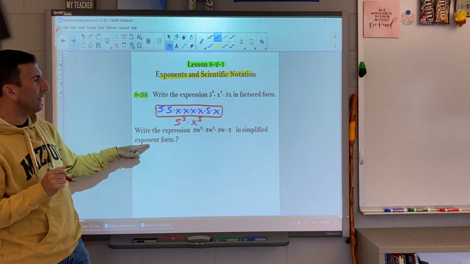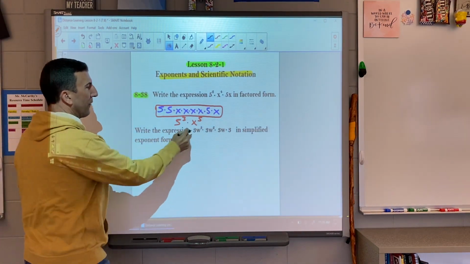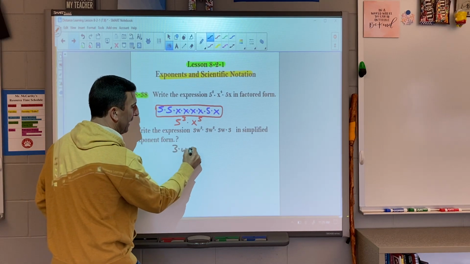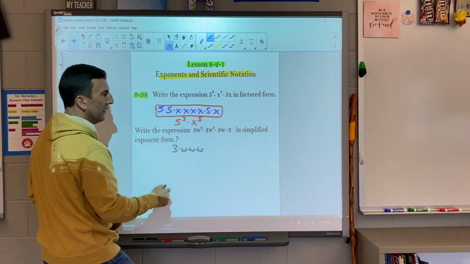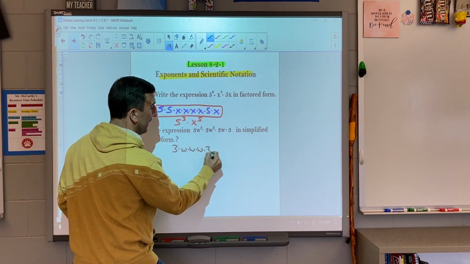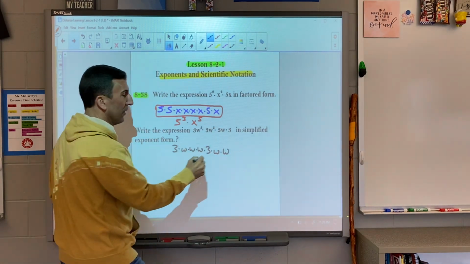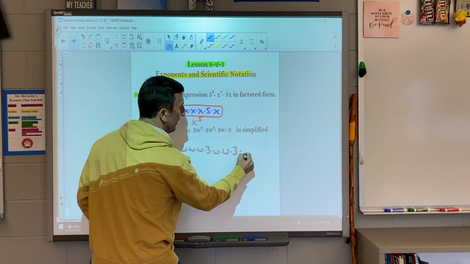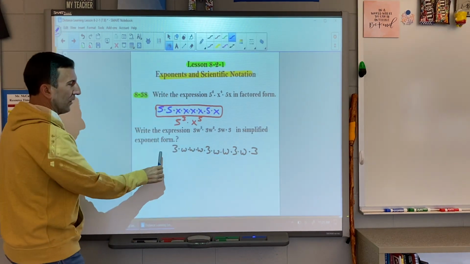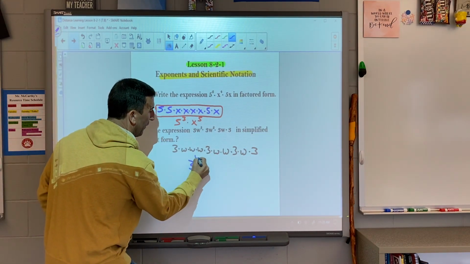Which brings us to the simplified exponent form of this next one. We have 3w to the 3rd, so 3 times w times w times w. We have another 3w to the 2nd, times 3 times w times w. We have a 3w times 3 times w times 3. So the question is, we have 1, 2, 3, 4 3s, so we have 3 to the 4th power.